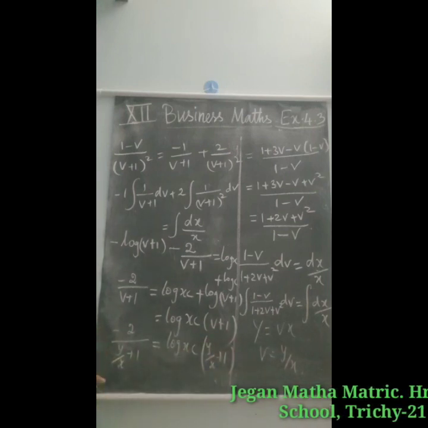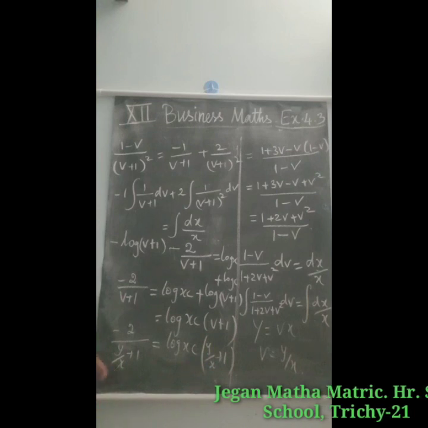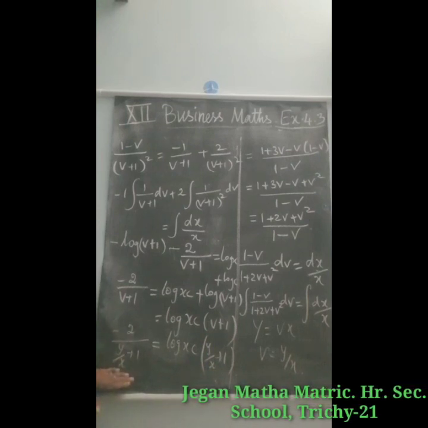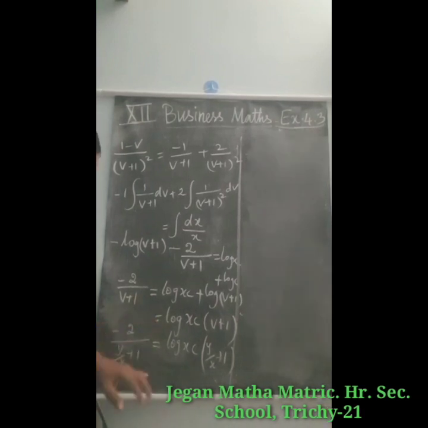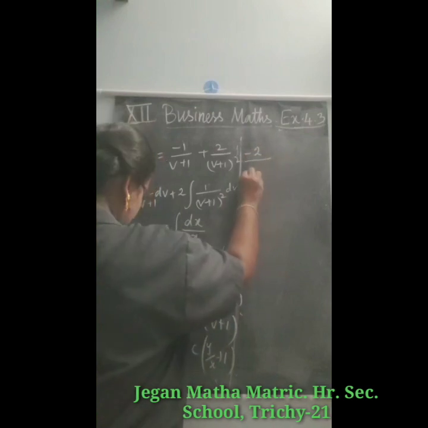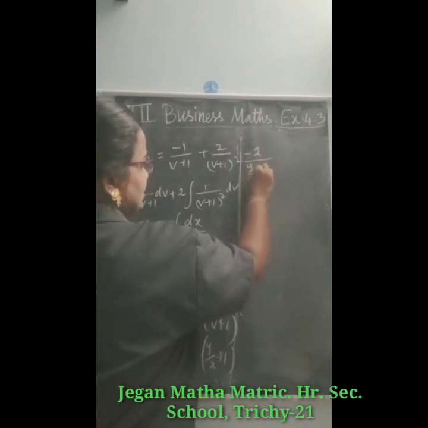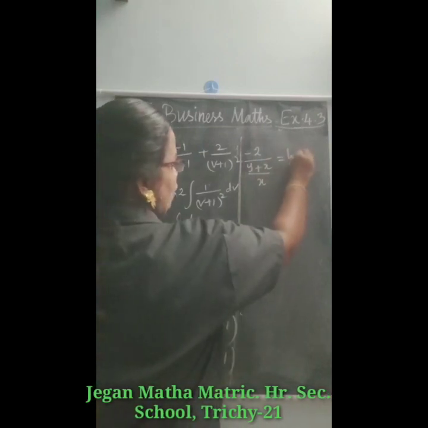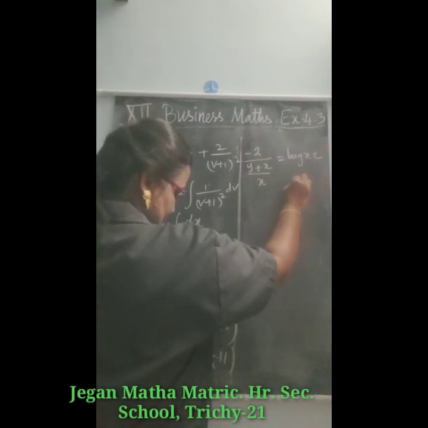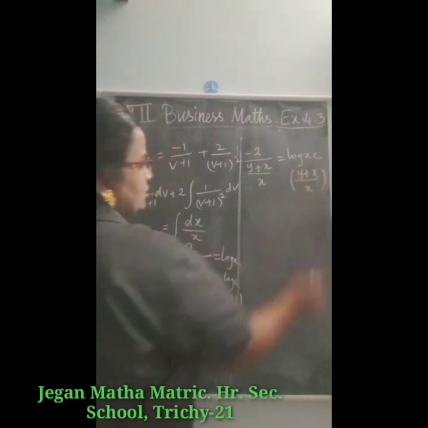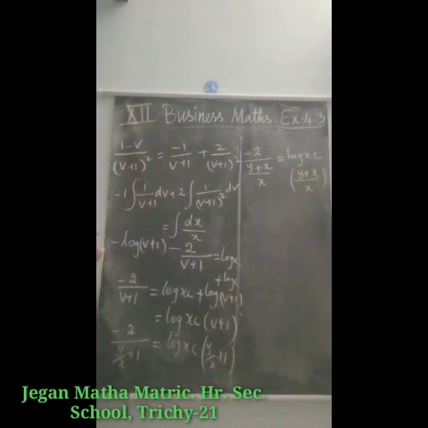After simplifying, we have to take the LCM: minus 2 divided by the LCM of x, that is (y plus x), is equal to log of xc, and here x is the LCM, so (y plus x). So what is the next step we will do?